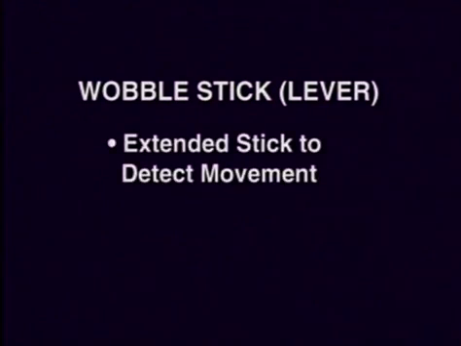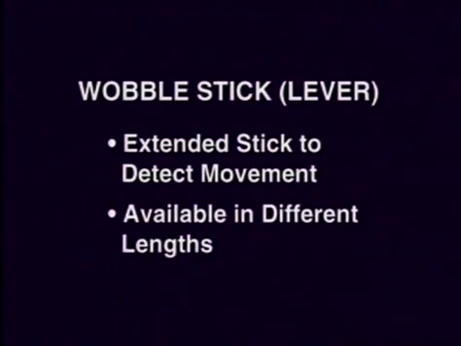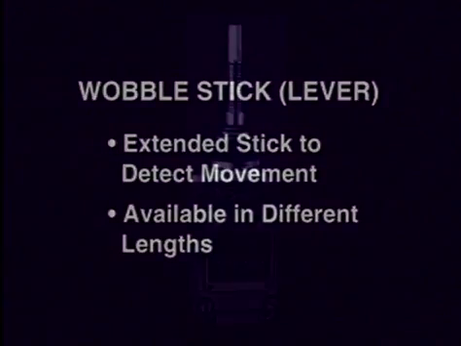The wobble lever actuator uses an extended wobble stick to detect movement. The stick can be available in different lengths depending on the application requirements. The length of this actuator allows the switch to be mounted in a safe location where the machine travel will not reach and damage the switch.